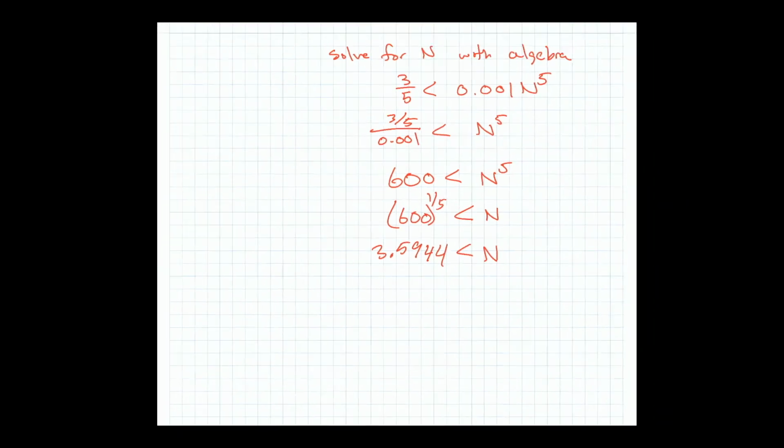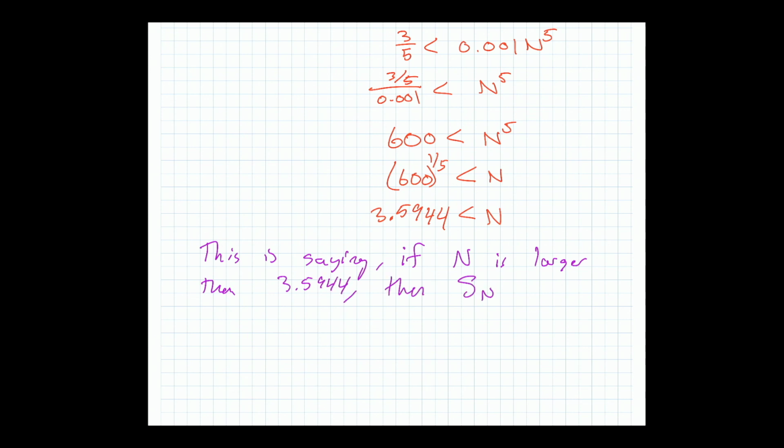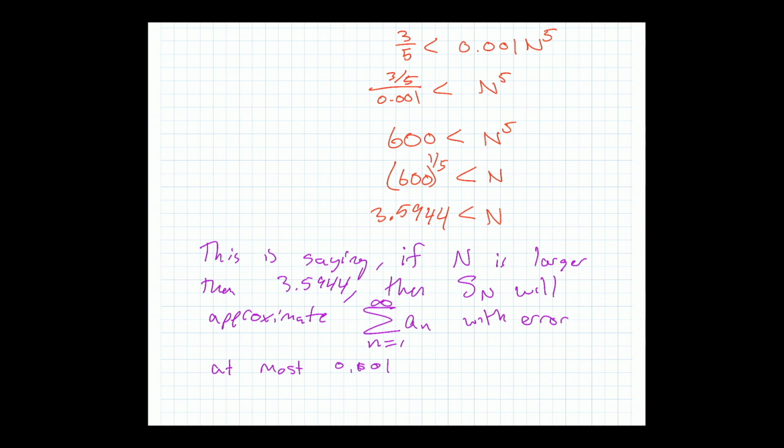What that's telling you is that if n is larger than 3.5944, then Sn will approximate the full sum from 1 to infinity of an with error at most 0.001.